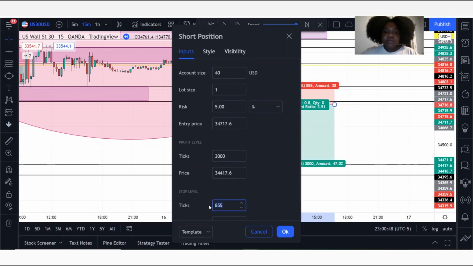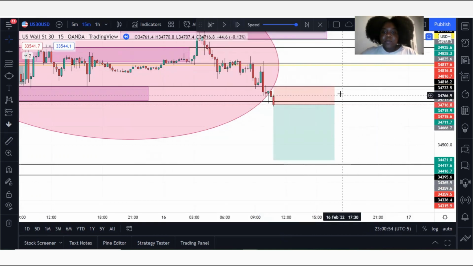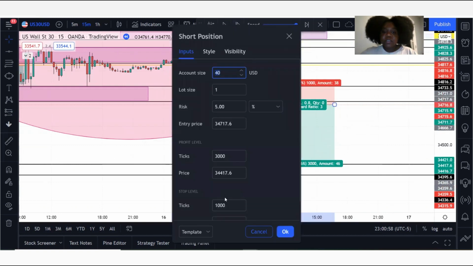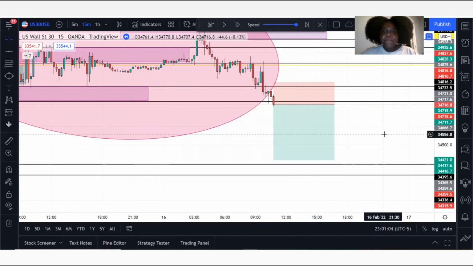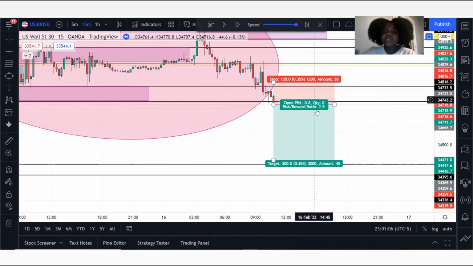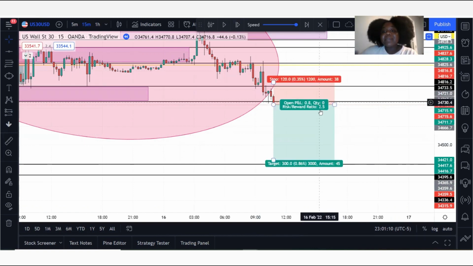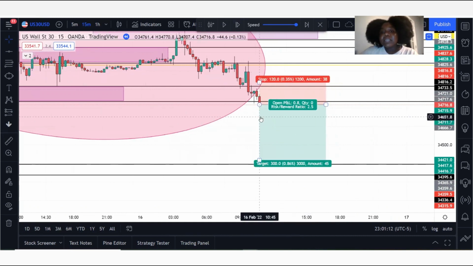300, and I'll be risking, let's do 100. Okay. This is protecting me from the zone. Let me push a little more actually. So let's do 120. So I'm completely protected from my zone and just a little something, and I'm expecting it to go down. I like this candle.